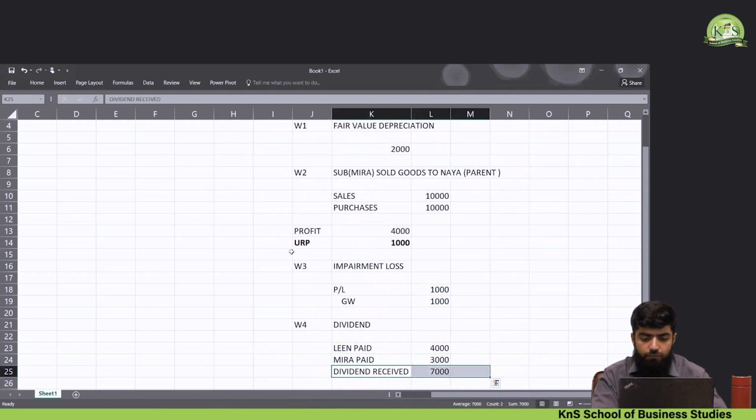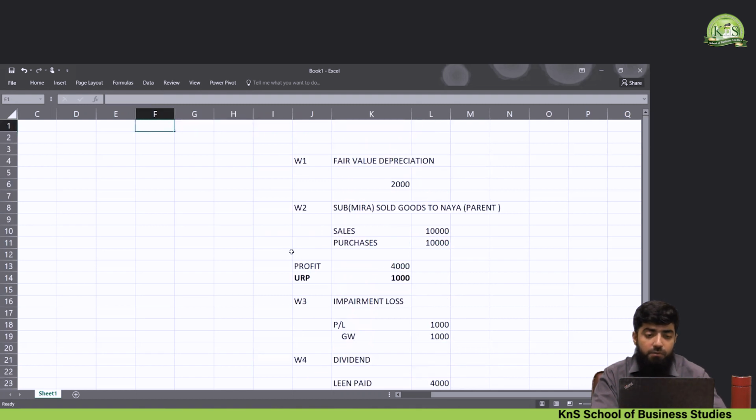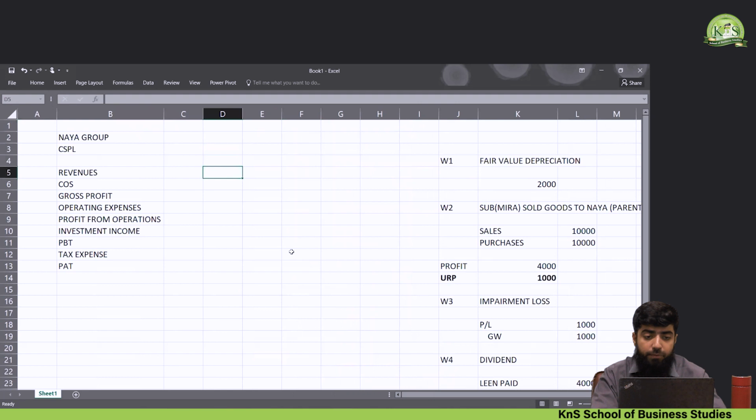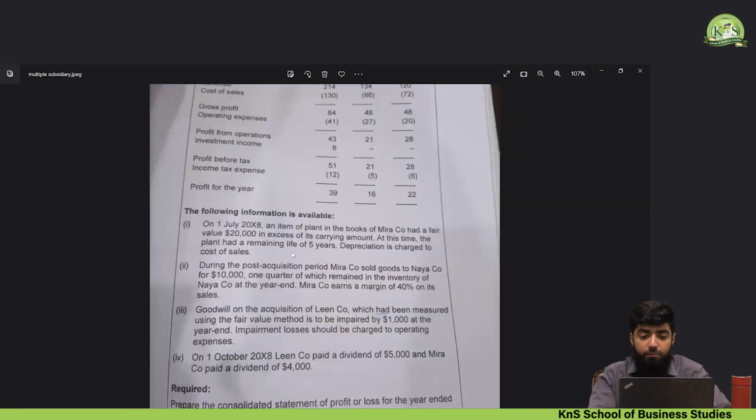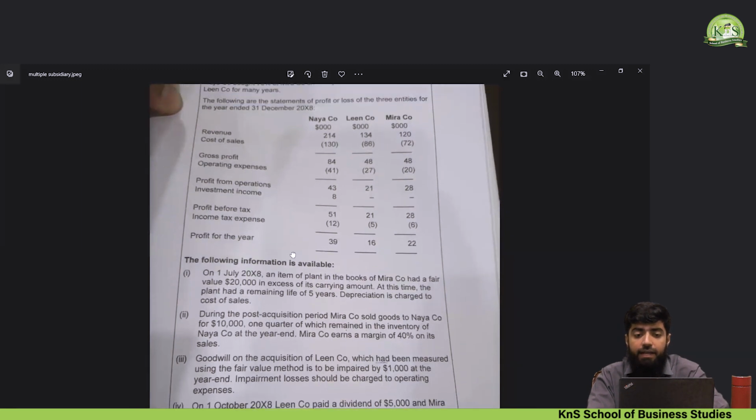So that is what we have worked out, and now it's time to prepare the consolidated P&L. But while preparing the consolidated P&L, please make sure that you prorate the revenues and expenses of Mira company, as Mira company was acquired in mid of the year.